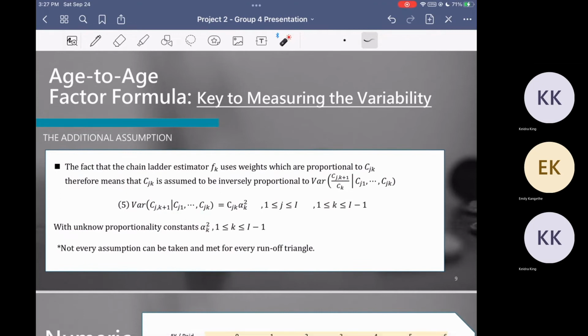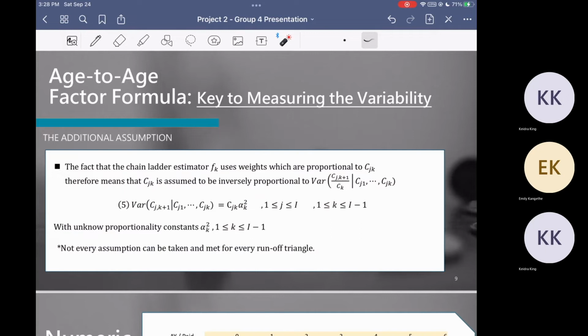Another assumption says that the chain ladder estimator, FK, uses weights which are proportional to CJK, and therefore CJK is assumed to be inversely proportional to the variance of CJK plus 1 divided by CK, given CJ1 to CJK.